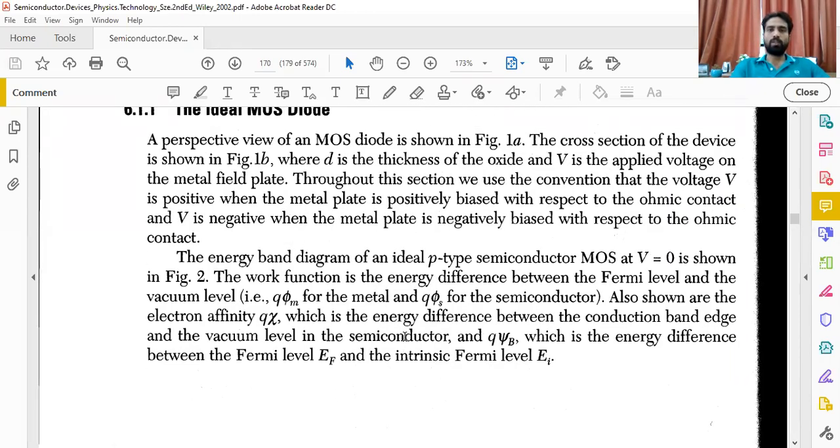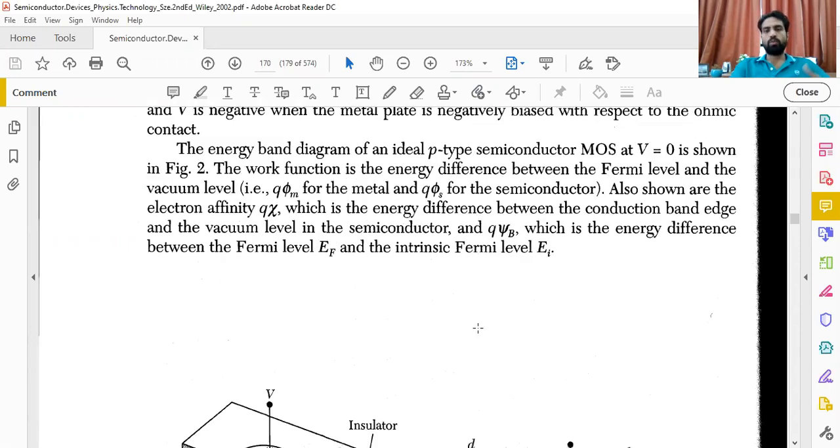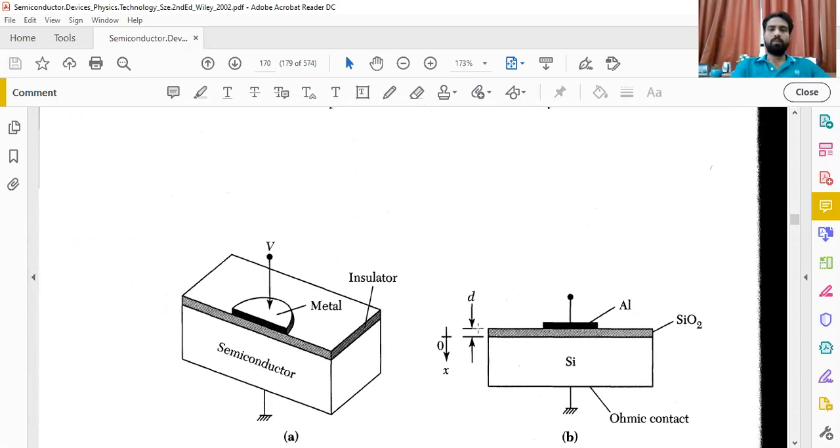Working throughout the section, it is the convention that the voltage V is positive when the metal plate is positively biased with respect to the ohmic contact, and V is negative when the metal plate is negatively biased with respect to the ohmic contact. So one assumption has been taken with respect to this V and the voltage applied, whether it is positive or negative.